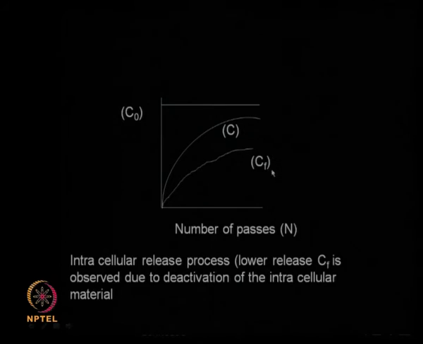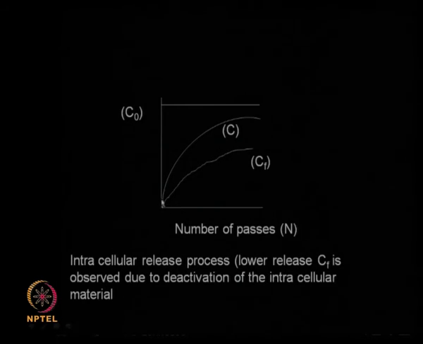Now I have also shown something called CF. Generally the concentration of the product in the extracellular region will be slightly lower than what is expected, because there could be some deactivation of the product, protein or enzyme, because of the increase in temperature, because as the temperature increases the enzyme may be getting deactivated.